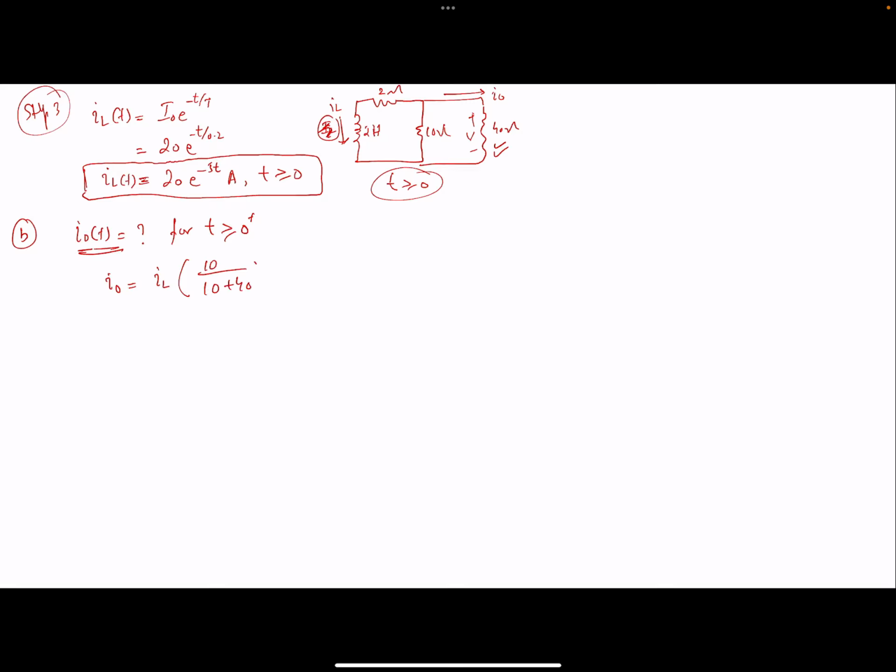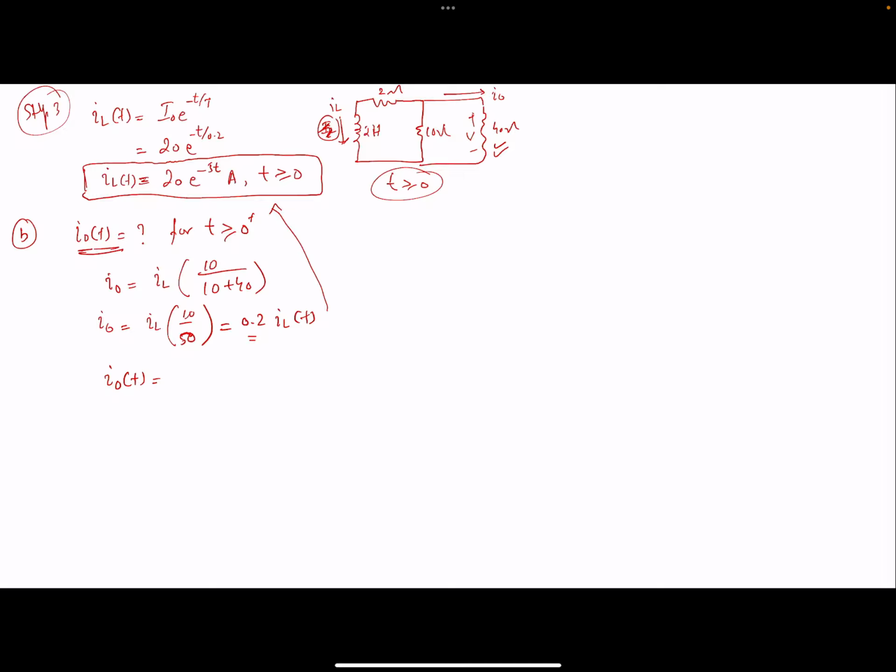So I naught equals I_L times 10 over 10 plus 40, and 10 over 50 comes out to be 0.2 times I_L of t. Then I naught of t equals 0.2 times, replacing this over here, 0.2 times 20, which is 4.